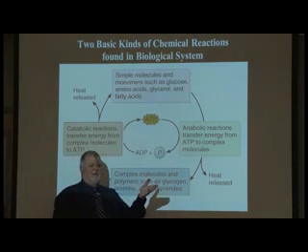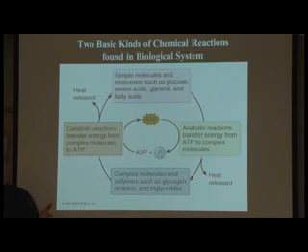And basically, like we did in lab, the enzymes that run our metabolic processes work maximally at 37 degrees Celsius or 98.6. So we try to maintain that. The inverse would be to be like a reptile or a fish, where as body temperature drops, your metabolic rates really slow down.